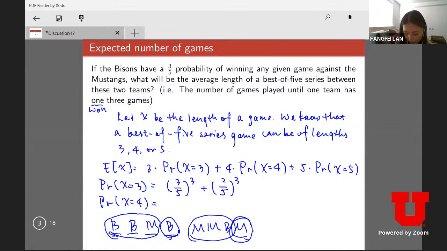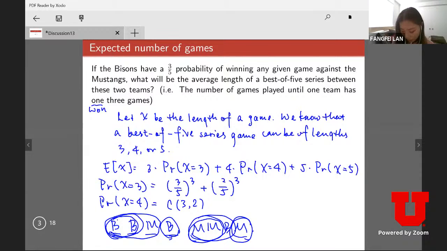And then for the Bison case, Bison has to win 2 games out of the first 3. And for Mustang to win, Mustang has to win 2 out of the first 3 games. So that means we're choosing 3 choose 2 or 3 choose 1, whichever. It's the same thing.